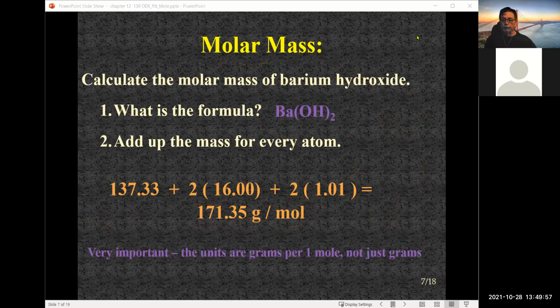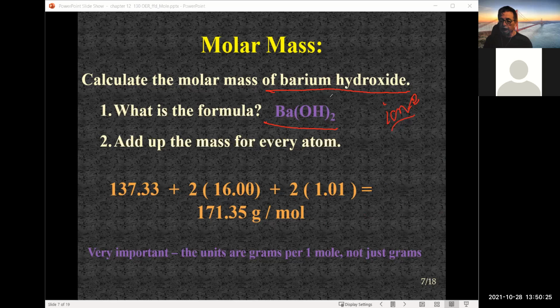And so what do we do here again? To summarize, to determine the molar mass of any formula, we have to first write the formula for the compound, which we did. Given the name, we determined the formula and put everything into ions, right?